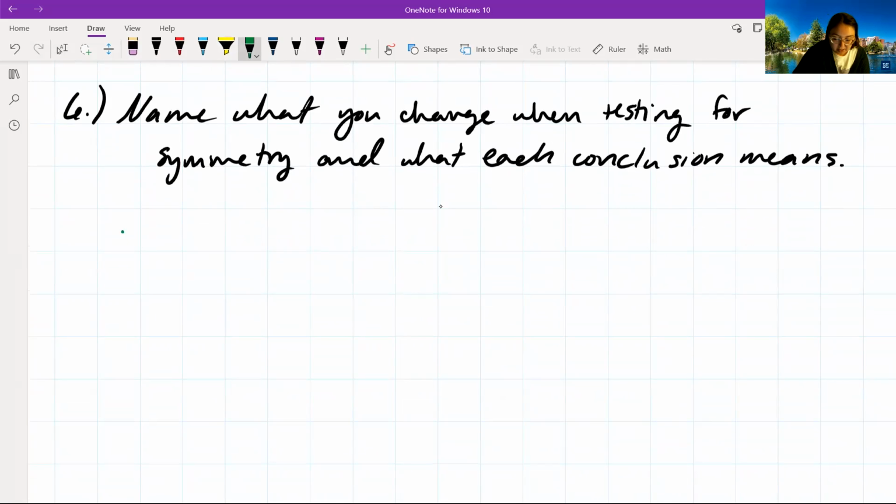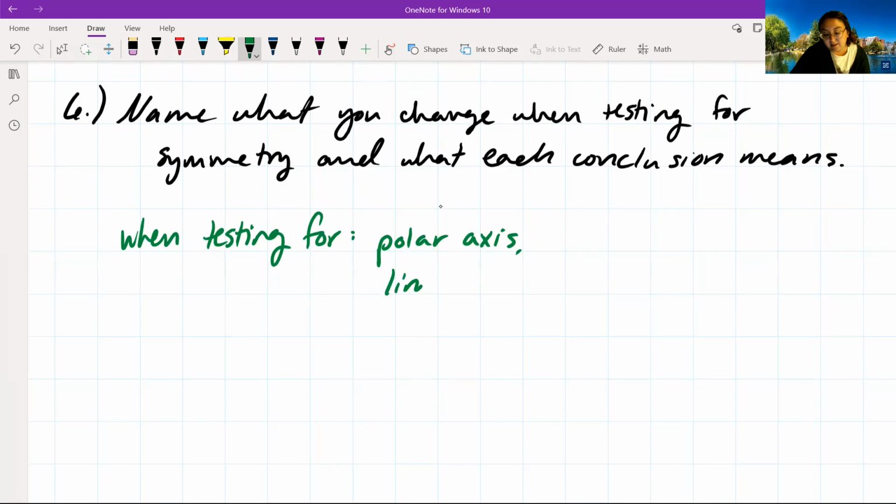Those 3 things being the polar axis, the line pi over 2, which also corresponds to our y-axis on a normal rectangular coordinate graph, and then also the pole, which we also know as the origin from rectangular coordinate system. So we test for 3 things for symmetry: our polar axis, our line pi over 2, and our pole.